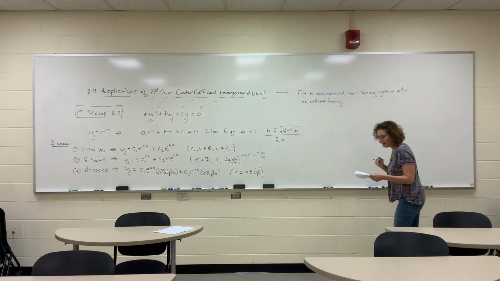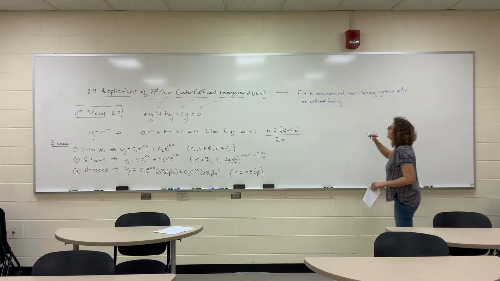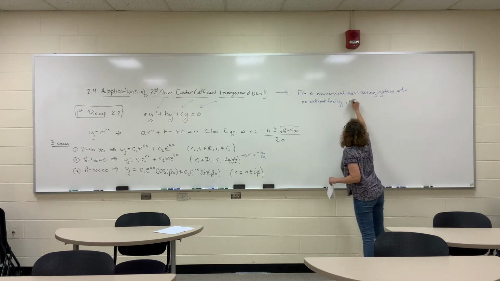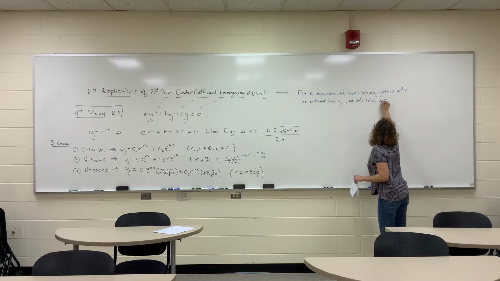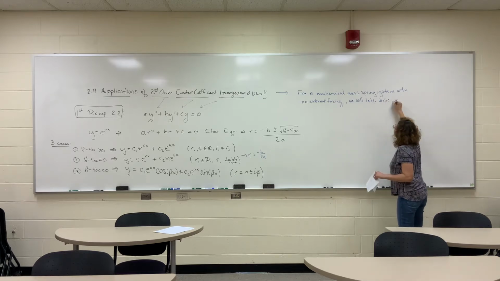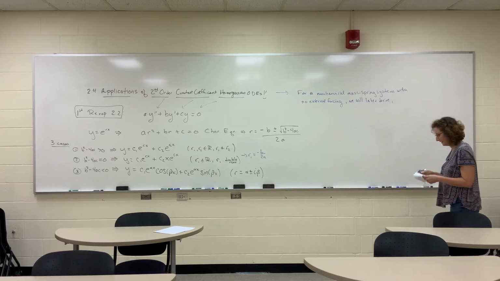That's what we're going to look at. We will later derive this equation. Right now, we're just going to write it down. We will later derive it when we do some more with this a little bit later.